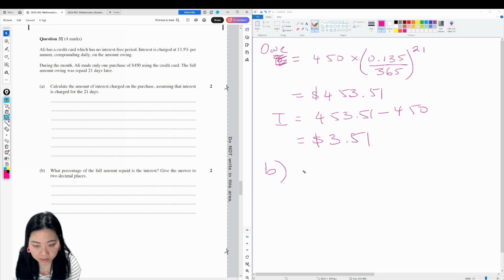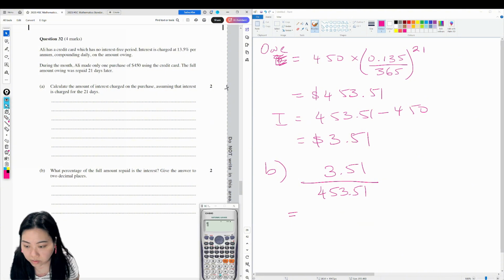B, the percentage of the full amount repaid is the interest. It'll be $3.51 over $453.51. It comes to 0.77%, which is 3.51 over 453.51.